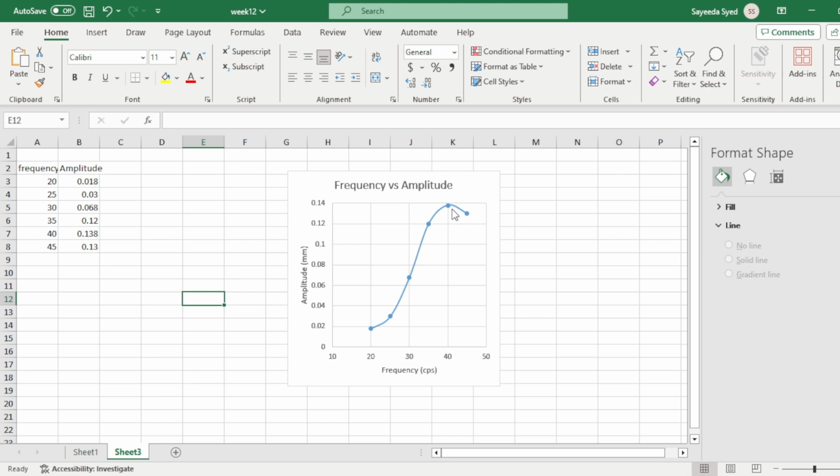If we magnify it a little, somewhere here we will get the natural frequency.